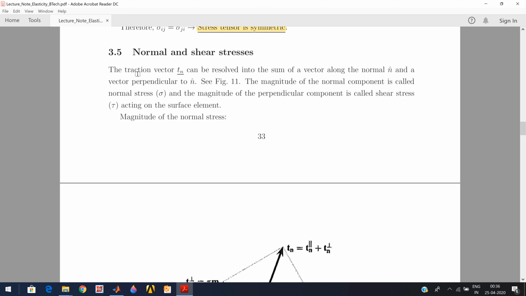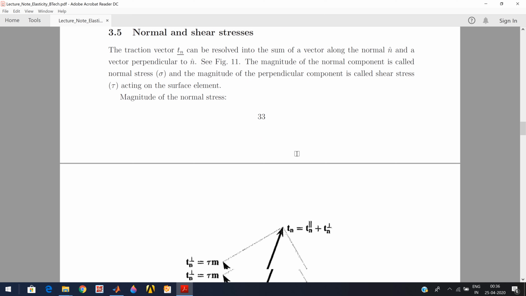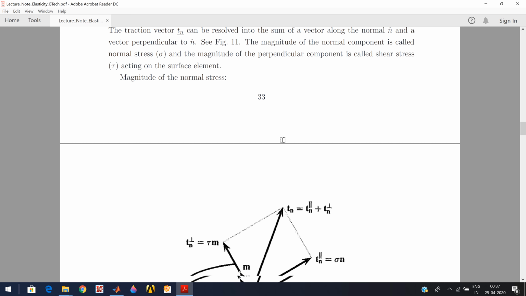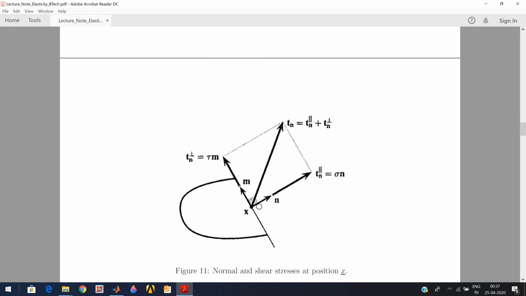You know that if I have a body cut through a plane, then on that plane, if I choose a different point, then at that particular point, depending on the normal vector, we'll have a traction vector.